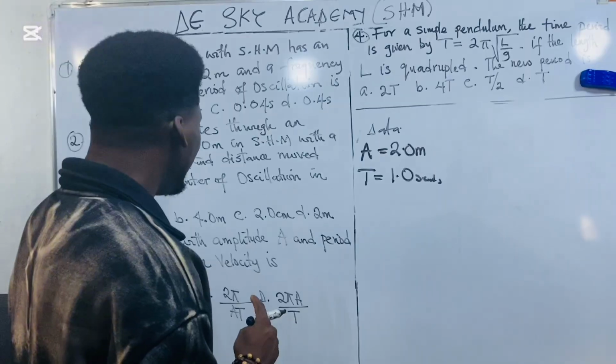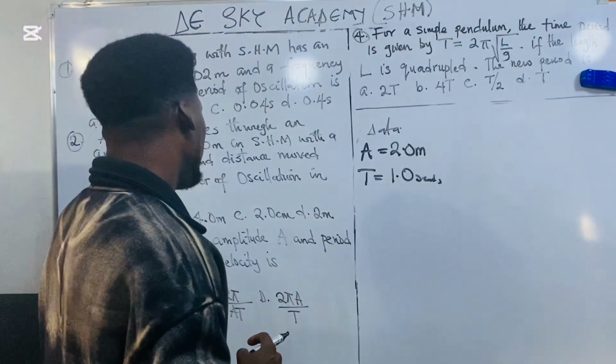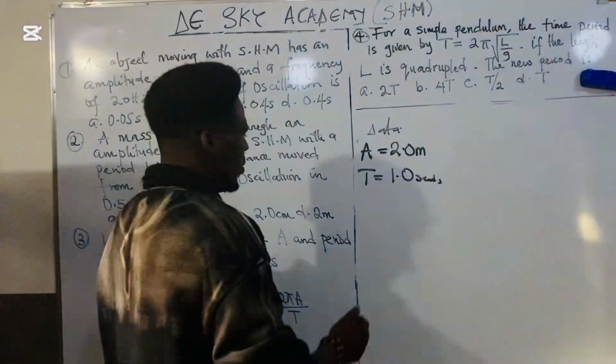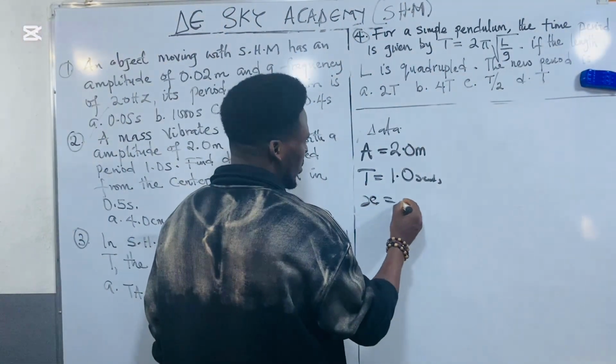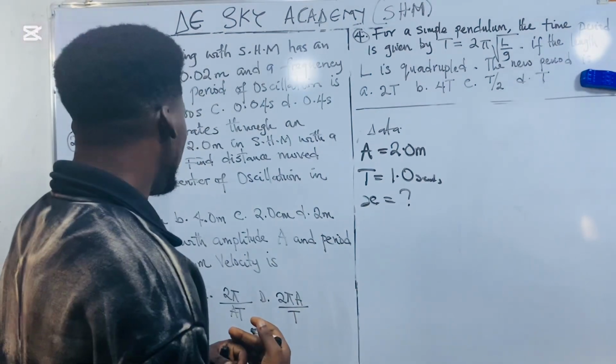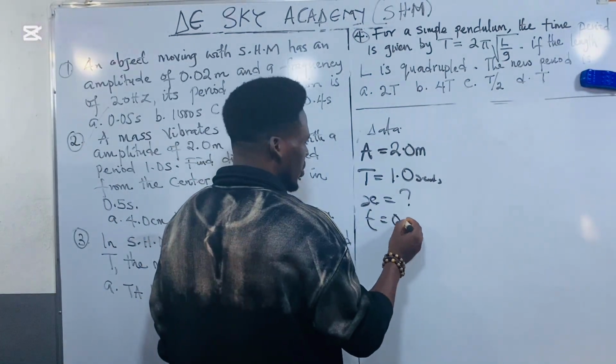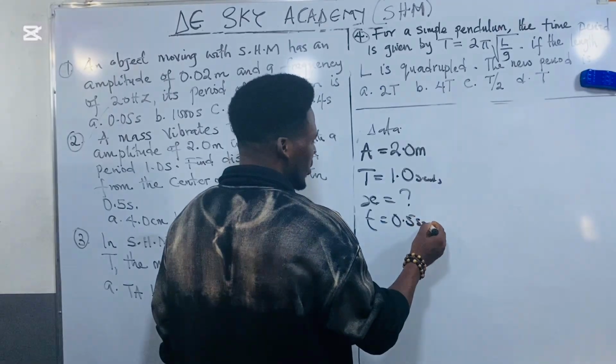Find the distance moved from the center of oscillation. That means we are looking for the horizontal component, which is called X, the distance, and they gave us time t. So the time here is 0.5 seconds.